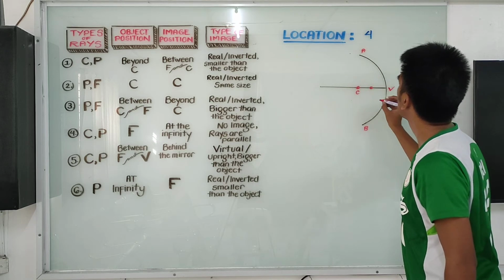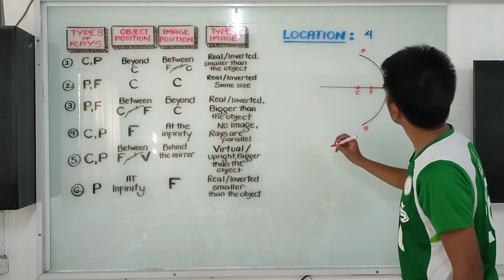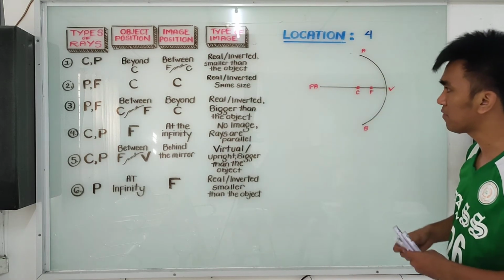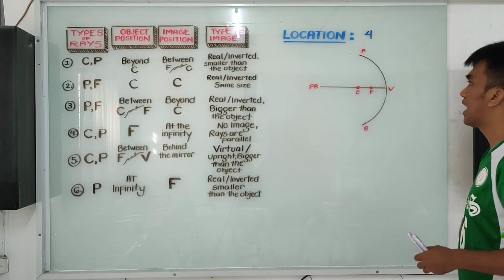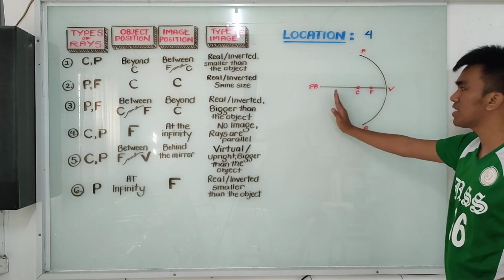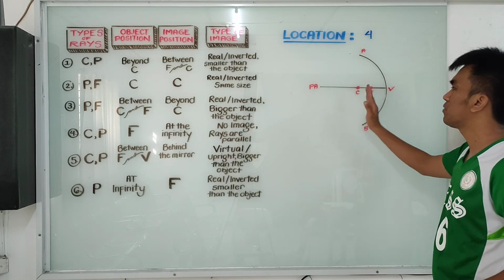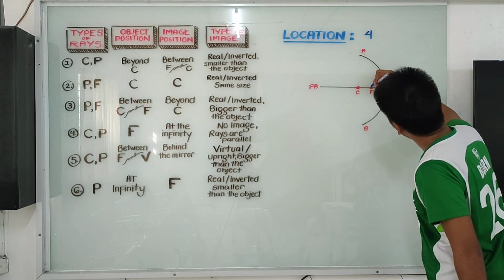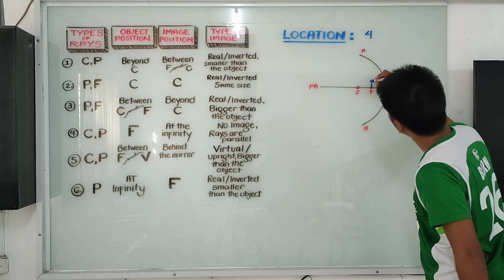The curvature, the focal point, and the principal axis. So location number 4, the object is located at the focus. So palapit ng palapit. So beyond C, center of curvature, between C and F, and now here at the focus.